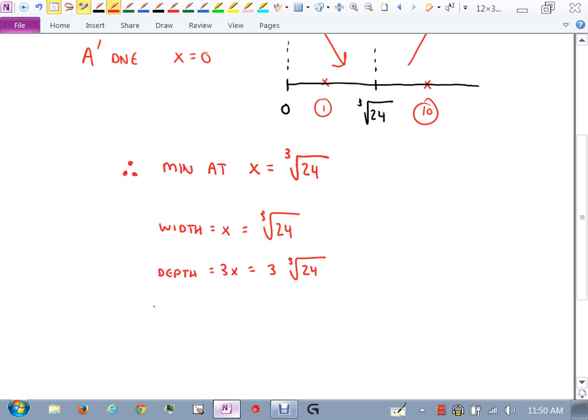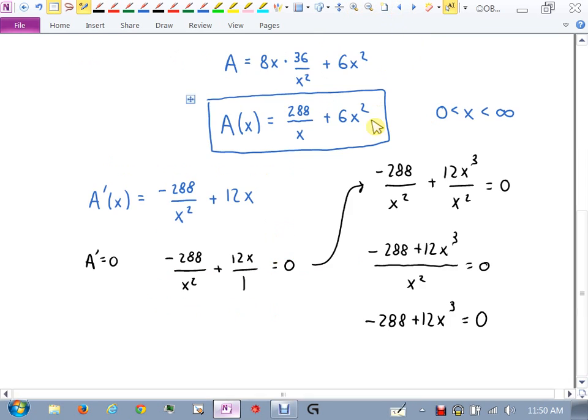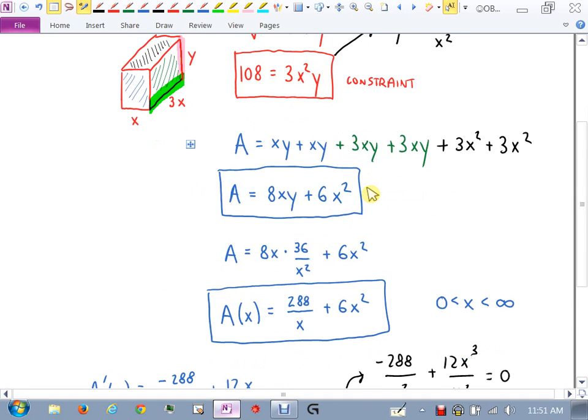And then what is the height? Well, that's our y value, isn't it? And we had an equation for y. Wasn't y 288 over, what was it? Am I messing this up? Hold on. Oh, sorry, yeah, it was up here, right?